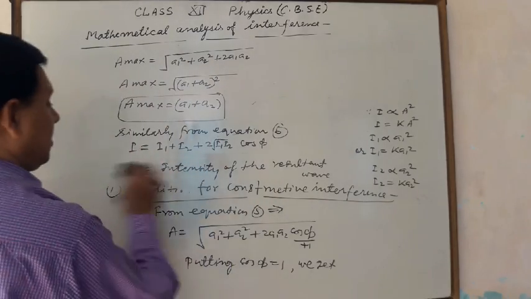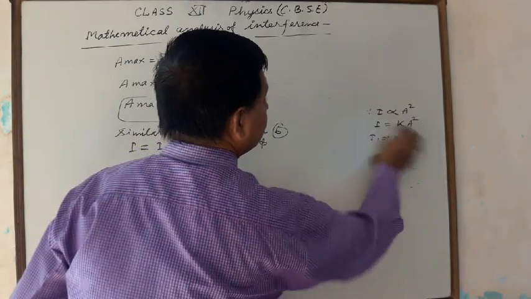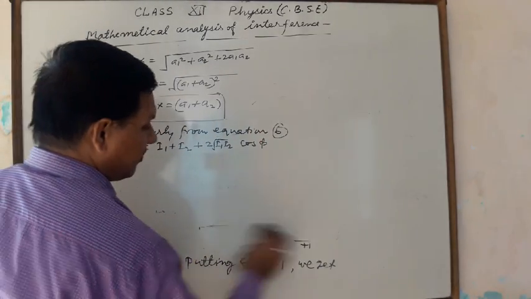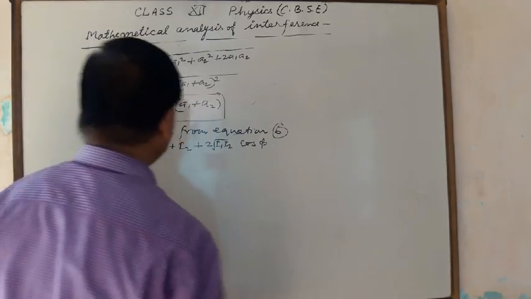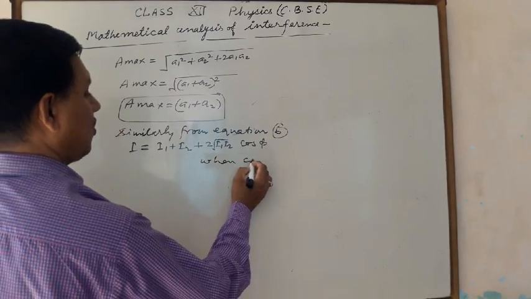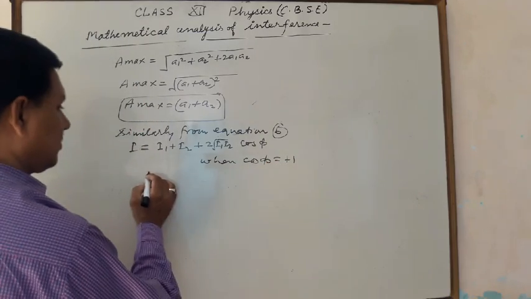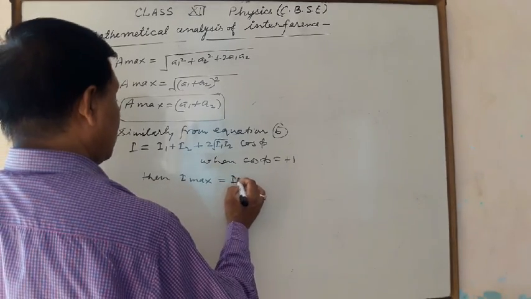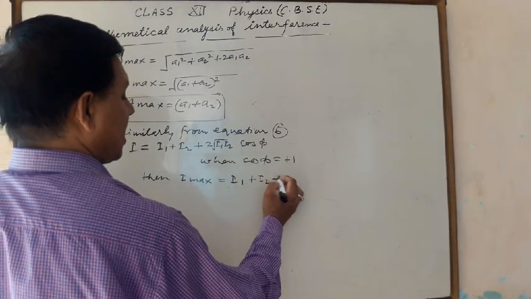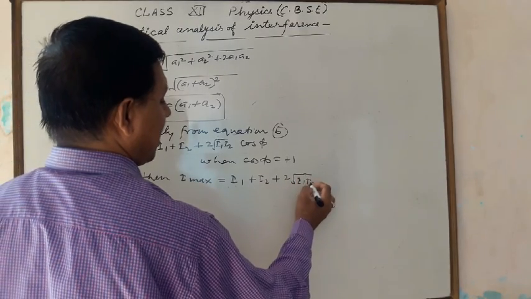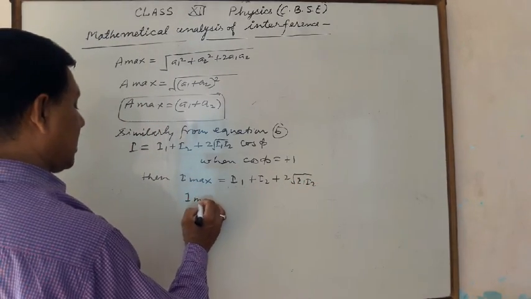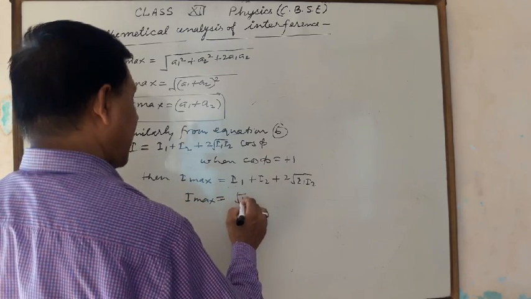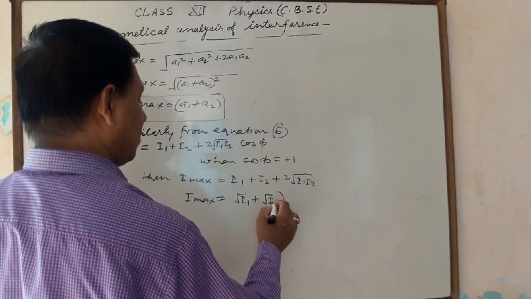If here we put cos phi is equal to 1, then the intensity of the resultant wave becomes maximum, and its value I maximum is equal to I1 plus I2 plus 2 under root I1 I2, or this can be written as I maximum is equal to (under root I1 plus under root I2) whole square.